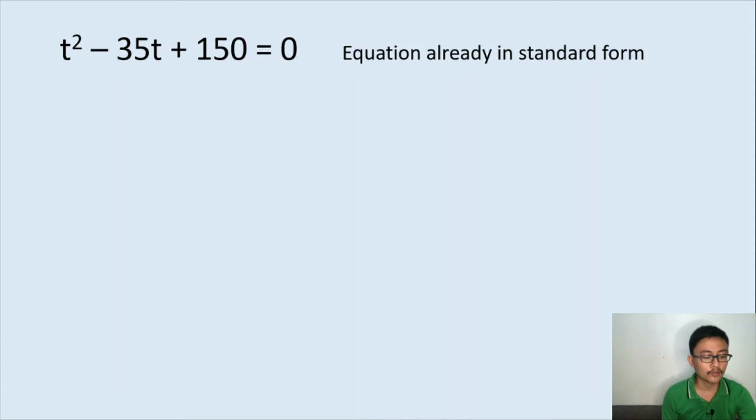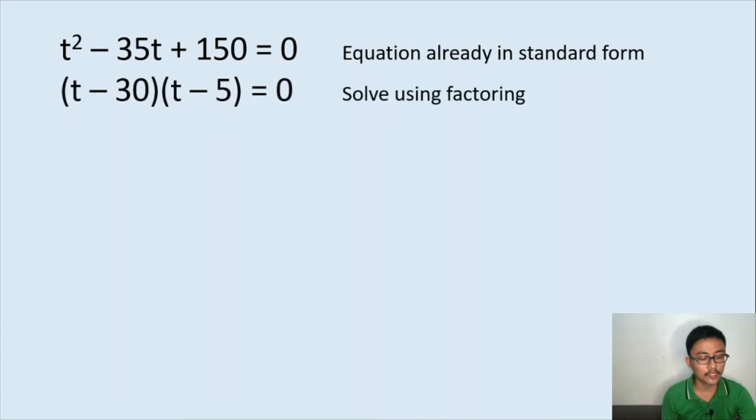You can use here, sa case ito, pwedeng factoring. So ang factors ay, so factors ng t squared is t and t. Factors ng 150 is 30 and 5. Since ang gitna is negative 35, ang dulo ay positive, so both are negative.